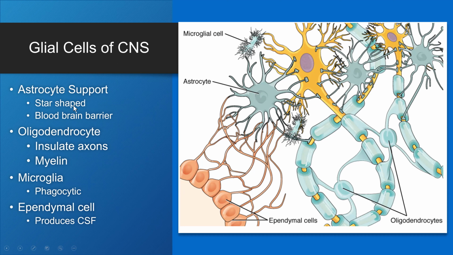Astrocytes have a star shape, and they're important in the formation of the blood-brain barrier that we will talk about later. They also provide support to neurons. On this cartoon diagram, here are the astrocytes, and you see how they connect to a neuron and other cells, kind of keeping everything in place, right?